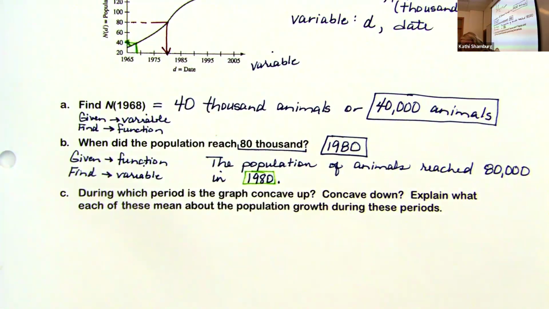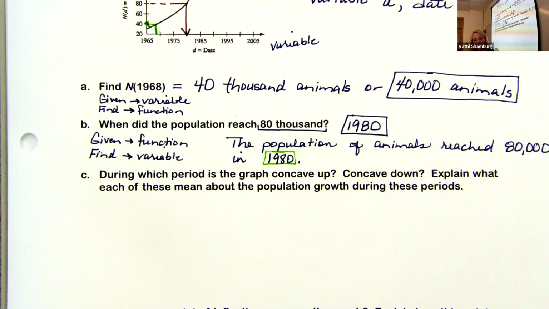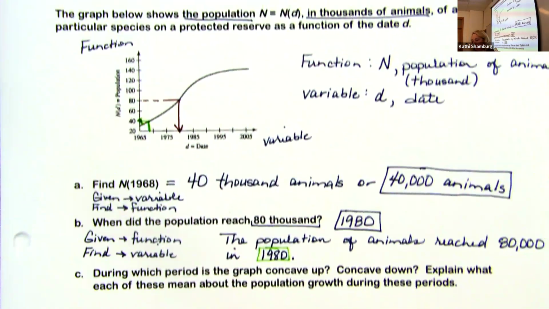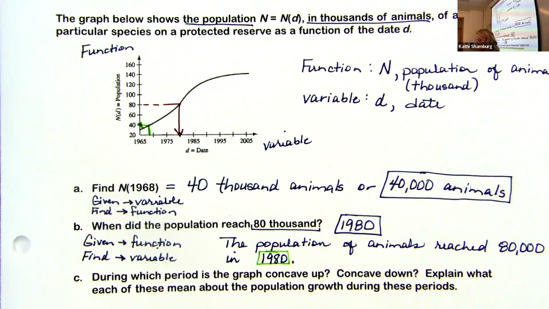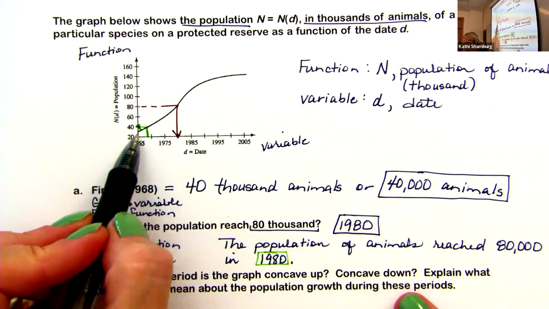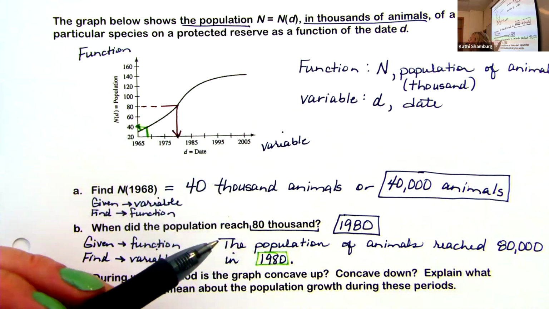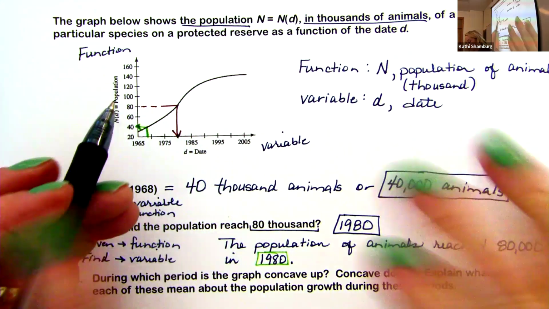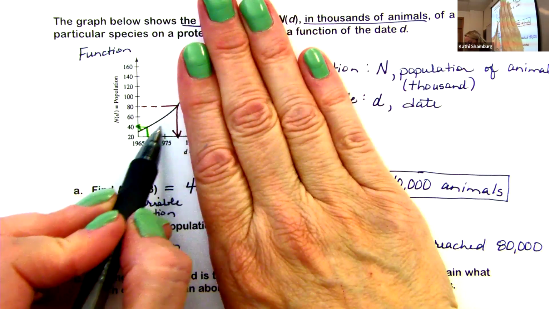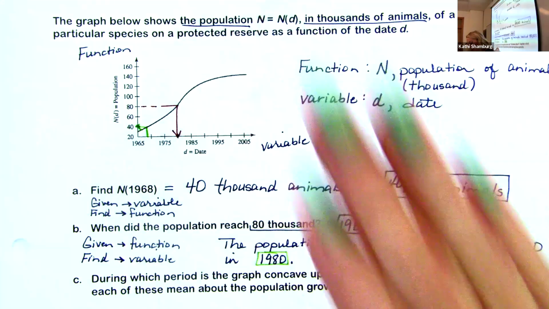Okay. All right, so the next question is talking about concavity. When you look at this graph, is it only concave up or concave down? I see both, don't you? So let's say we start over here at the far left. The first part of the graph, would you say that's concave up or concave down? Because if you got rid of this and only looked here, you can see it's concave up.